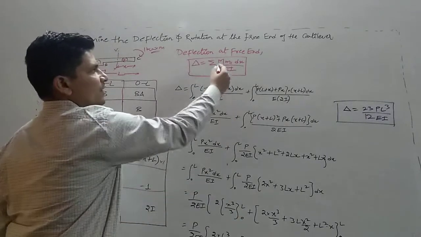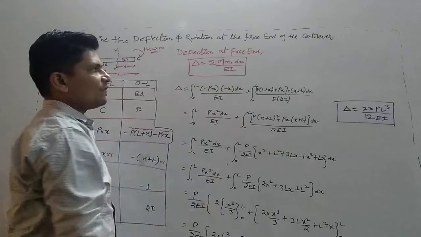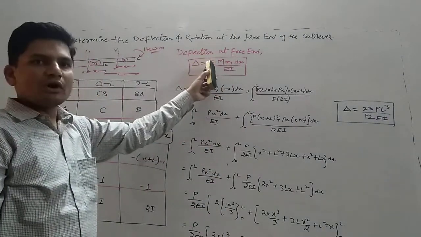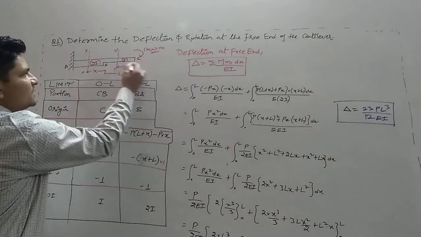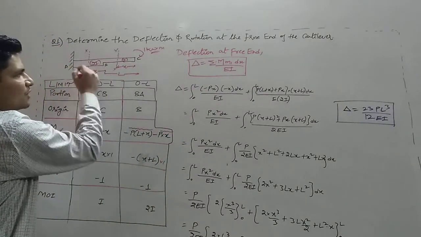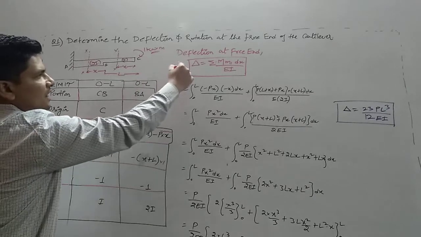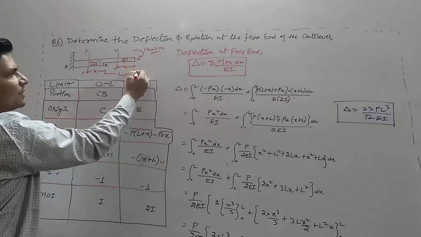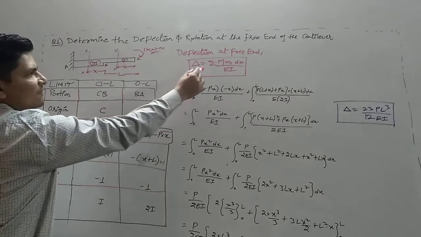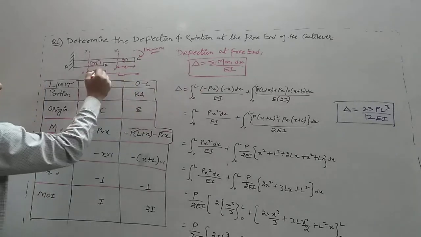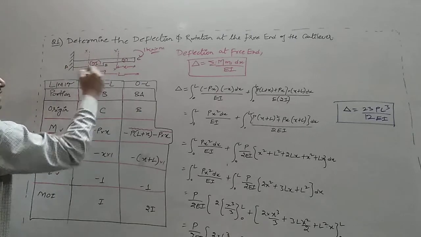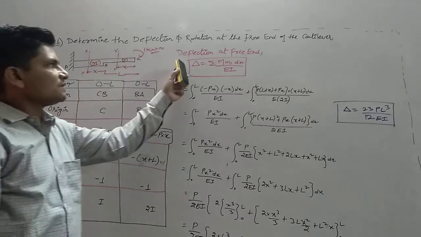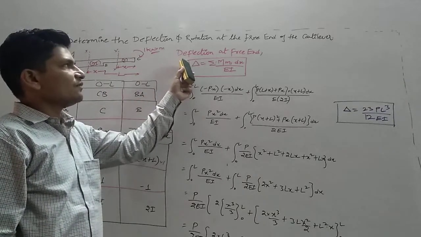We have already found the bending moment M. The summation means we add all the members, the CB member plus the BA member. So delta is the integral from 0 to L of M M1 dx upon EI, plus the integral from 0 to L again of M M1 dx upon EI, for CB plus BA.